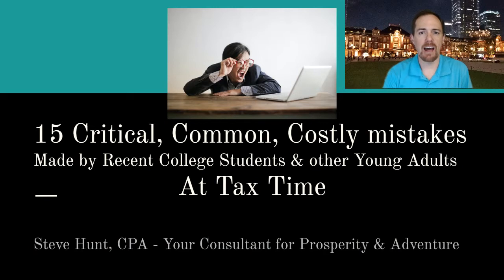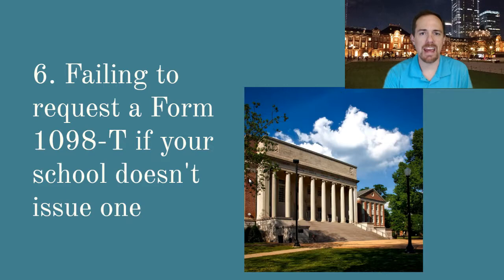And I am talking today about mistake number 6, which is they fail to request a Form 1098-T from their school if their school doesn't issue one by default. So we've already talked about what a 1098-T is and how some students don't use it when they get one.